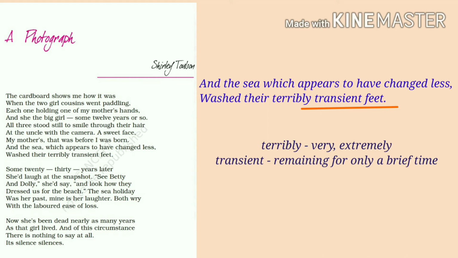These two lines speak about the slow movement of nature and the terribly fast movement of human life. The sea, even after many years, has changed very little. It has not changed much. Washed their terribly transient feet: washed the three girls' legs with its water.